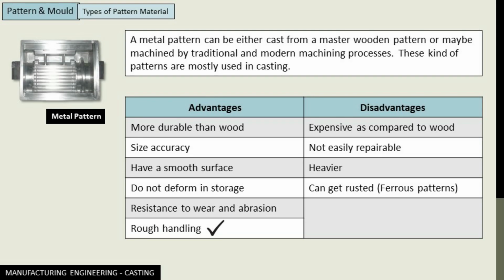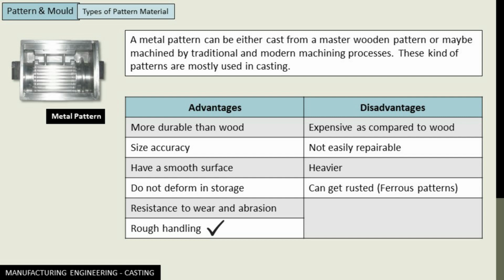Next we have a metal pattern. A metal pattern can be either cast from a master wooden pattern, just as we have discussed earlier, or it can be machined by traditional and modern machining processes. This kind of pattern is mostly used in casting. Almost 70% of casting is based upon metal patterns.